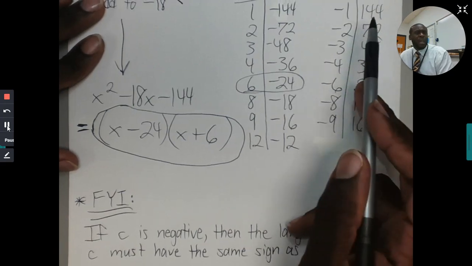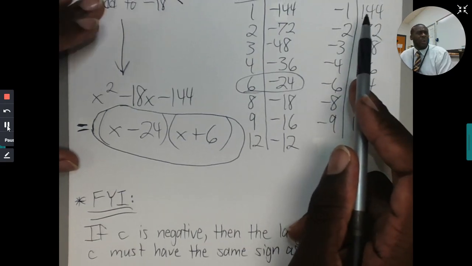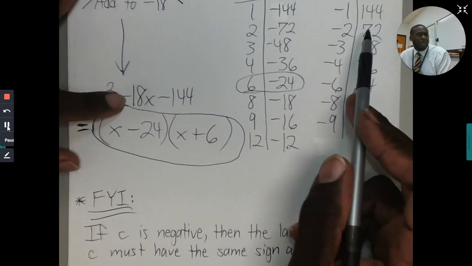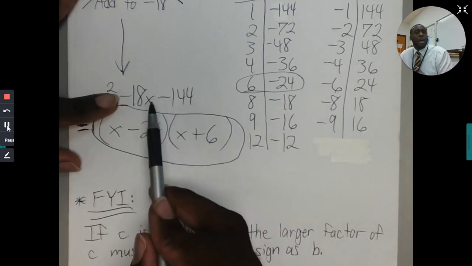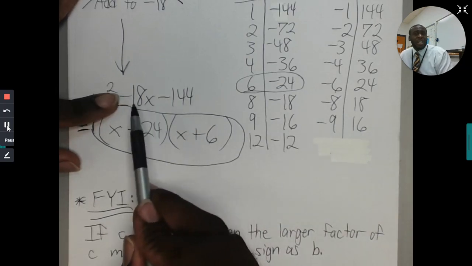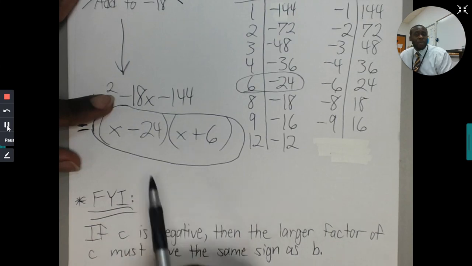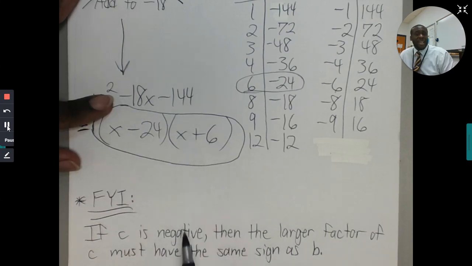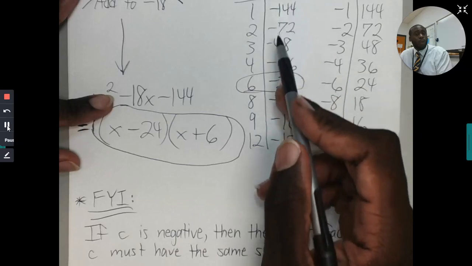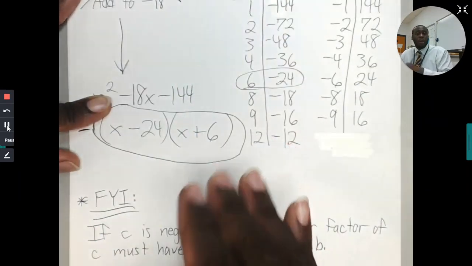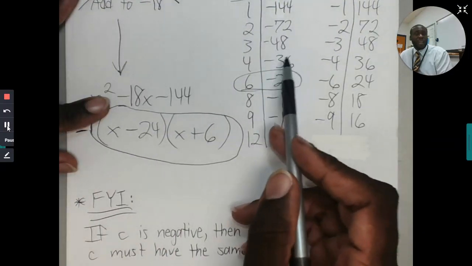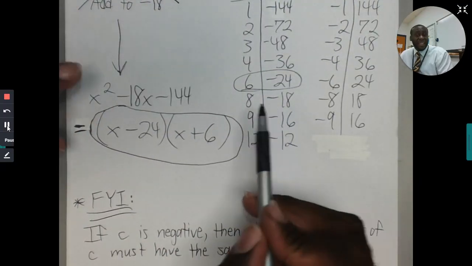When we did this, we looked at it like, okay, this would wind up adding together to give you a positive number, positive number, positive number. They would all add to give you positive numbers. But it would need to add to give you negative 18. So the only way this could work when C is negative is that the larger factor of C has to have the same sign as B. Only these options over here would work, where the larger factors were negative.